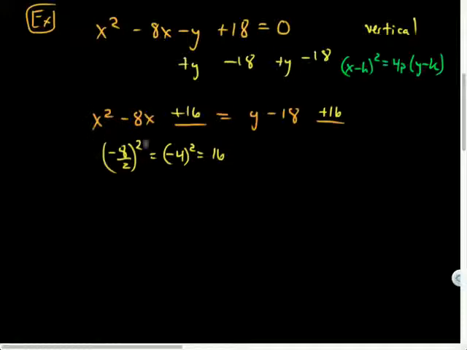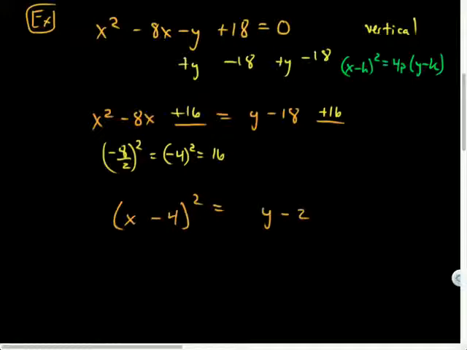Now the left-hand side is a perfect square trinomial, so I can factor it quickly. That's going to be x minus 4, all squared. You're all familiar with the pattern, the square of a binomial. That minus 4 you can shortcut, taking it right from there, and of course there's just a plain x in front. Equals y minus 2, when I combine the 16 and the negative 18.